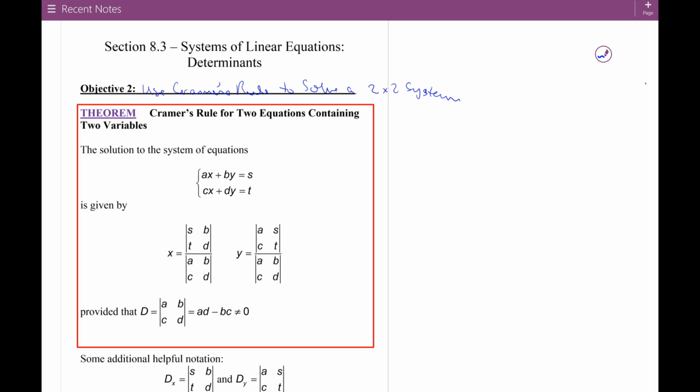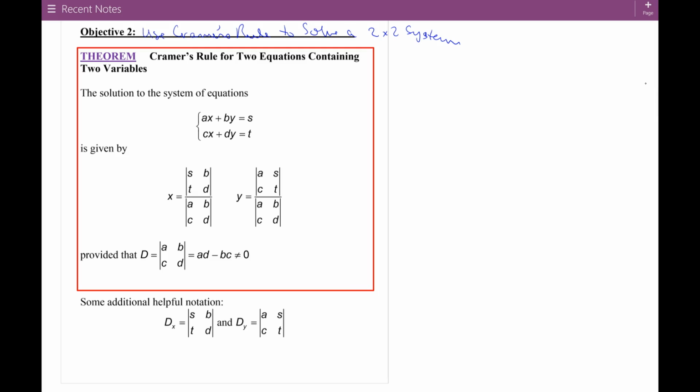So the way Cramer's rule works is if you're thinking of the numbers in the determinant as the A, B, C, and D, and then the constants, the S and the T, are over here.